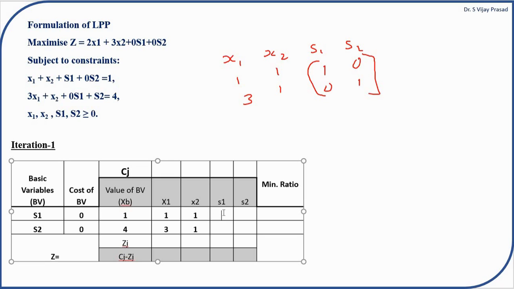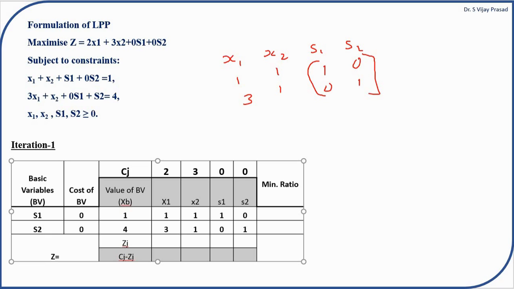Now the coefficients of the S1 column we are going to write down, 1, 0, and the S2 column, this is 0 and 1. Like this we have to fill the data. Now Cj values: the cost of x1 is 2, the cost of x2 is 3, the cost of s1 is 0 and the cost of s2 is 0. These are the basic things you have to fill in the simplex table first.